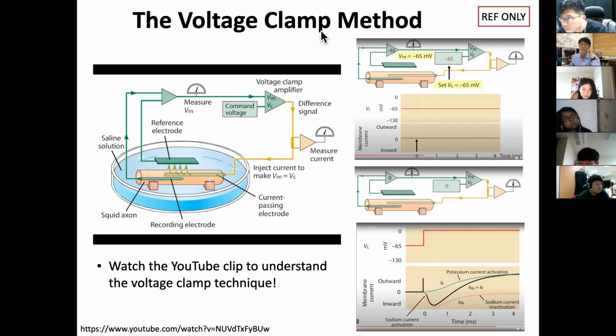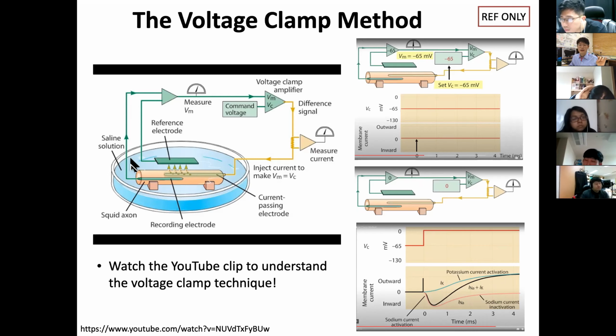The voltage clamp method was invented by Cole initially, but Hodgkin and Huxley recognized the importance of this technique. They adopted it to find out the contributions of different ion channels to the action potential. There's a big, huge squid axon. The diameter is about 1 millimeter. In microscopic scale, it's huge.